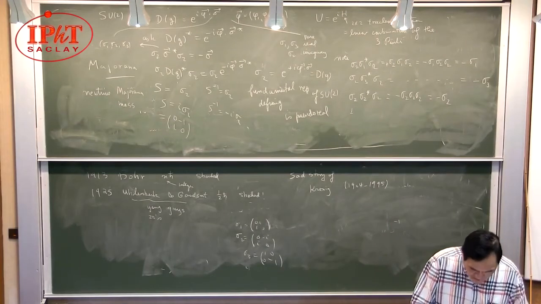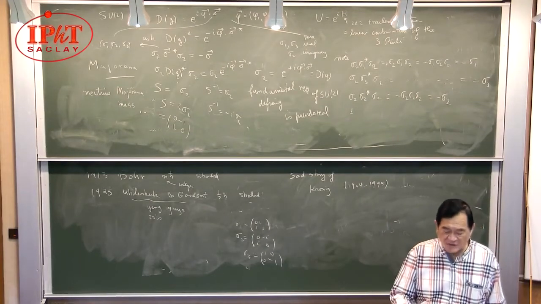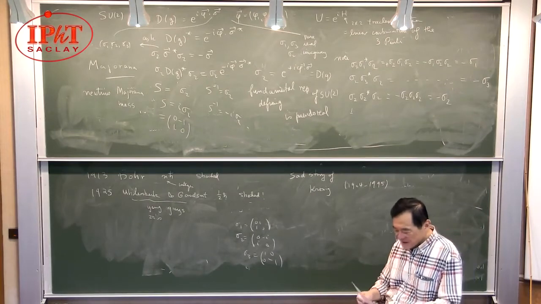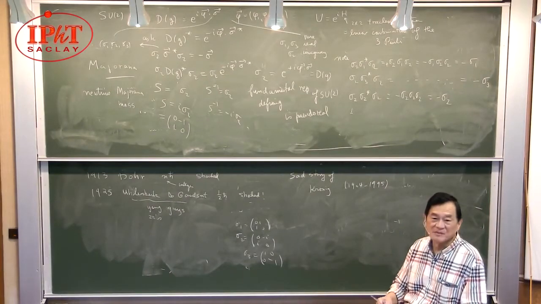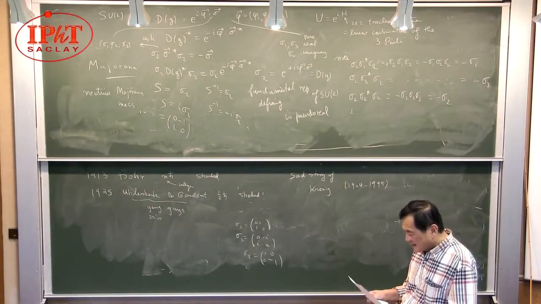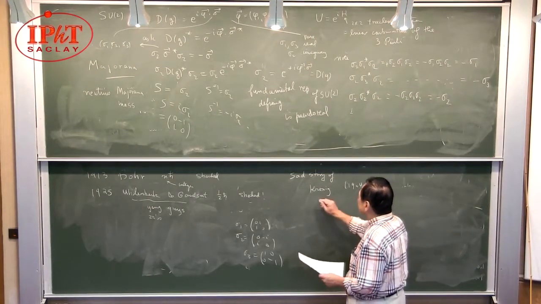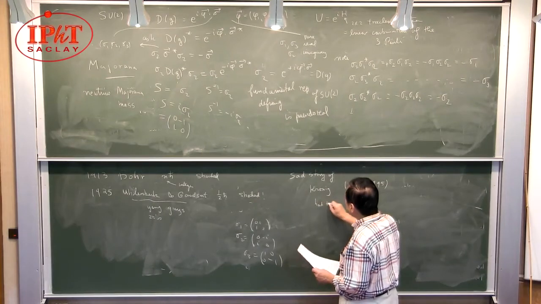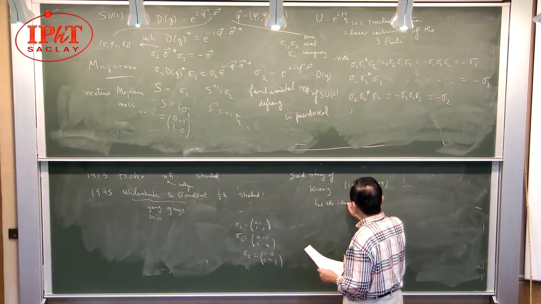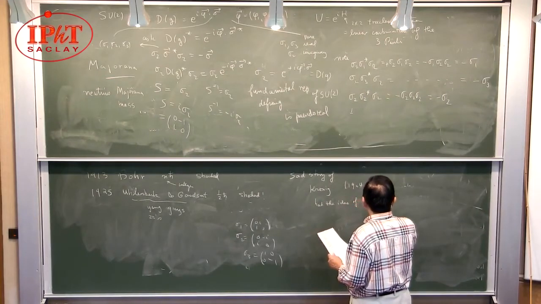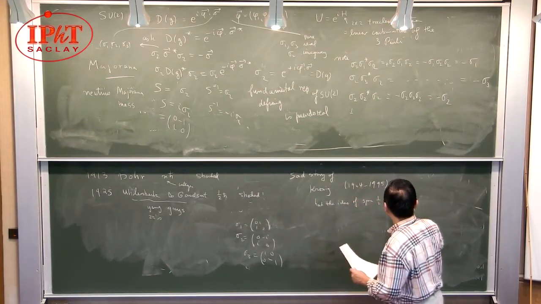And in spite of the name, he's actually American rather than German. But he was born in Germany, and then he moved to the US. He was a student at Columbia. And he actually had the idea of spin half for the electron.